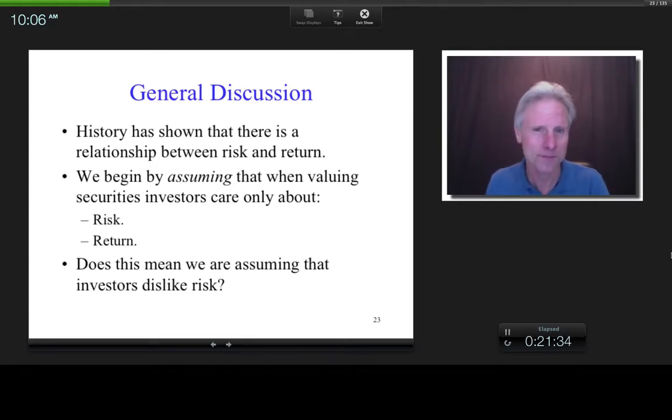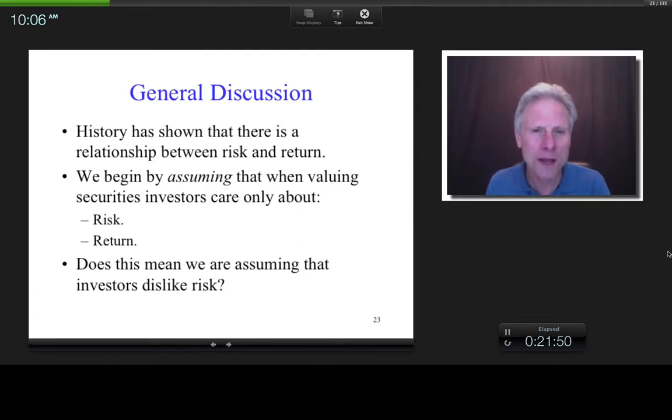In any case, what that illustrates is that, is it fair to say that some people are risk lovers and some are risk haters, or risk averse? Is that a fair statement? It is, right?